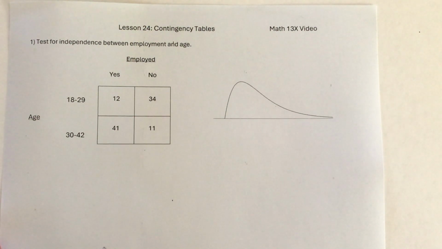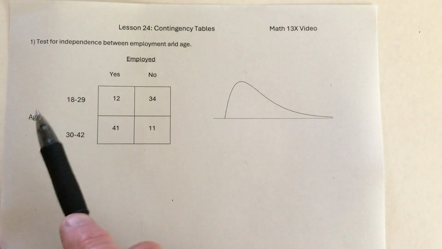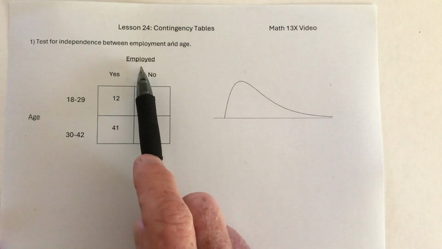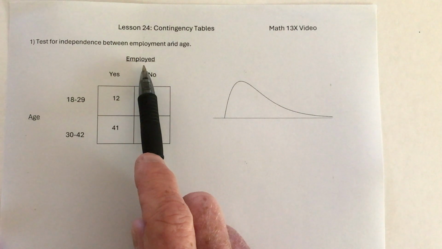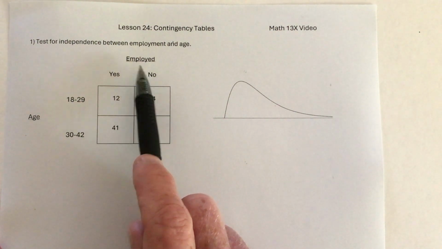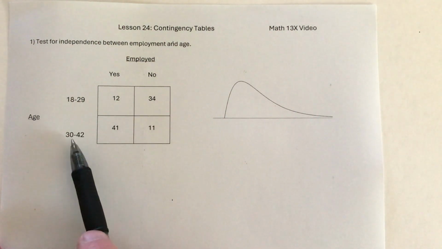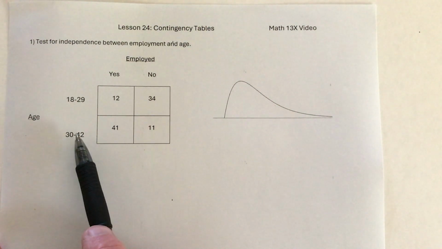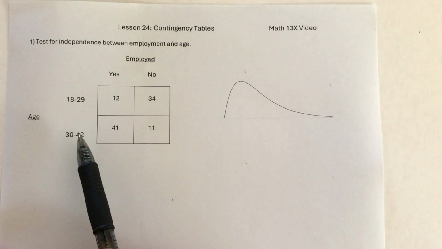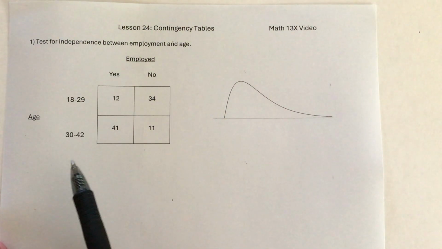So, the idea of a contingency table is somebody's age and whether or not they have a job, is there a relationship between those two? So these are the younger people, these are slightly older people, and then they were asked whether or not they're employed. So they weren't asked, is it a full-time job, part-time job, just yes or no? Do you have a job?